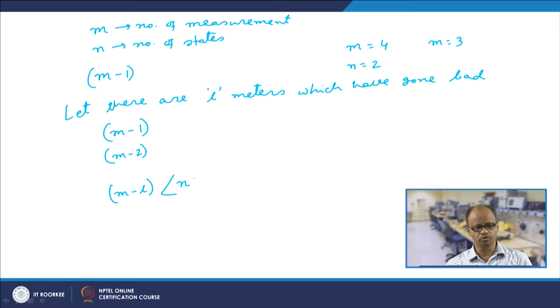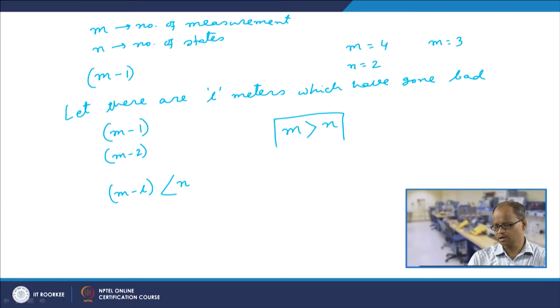So, one of the most important conclusions is that for any state estimation exercise, the number of measurements is always taken to be reasonably large as compared to the number of states to be estimated. So, we always say that m is always greater than n. That is the very important conclusion.